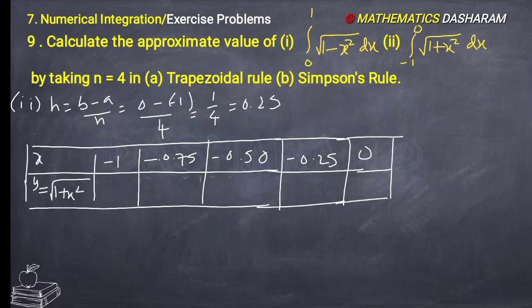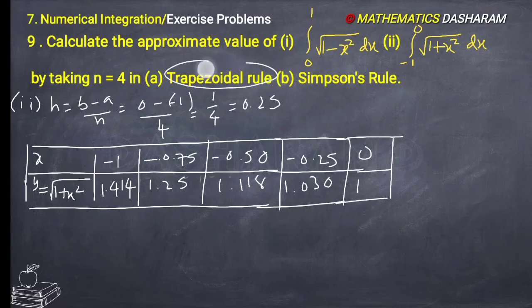Now find out their respective y values. So when x value minus 1, the y value is 1.414. When x value minus 0.75, then y value is 1.25, and here 1.118. Next to 1.030. Next here is a 1.